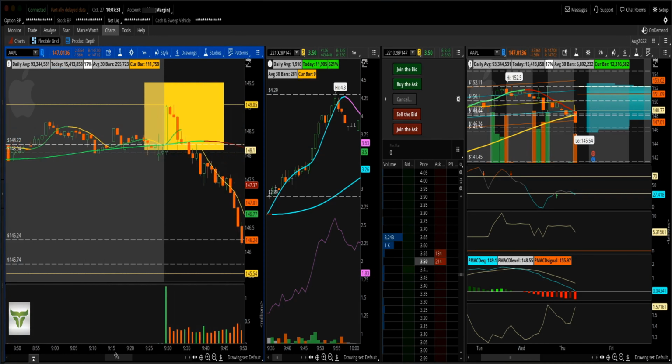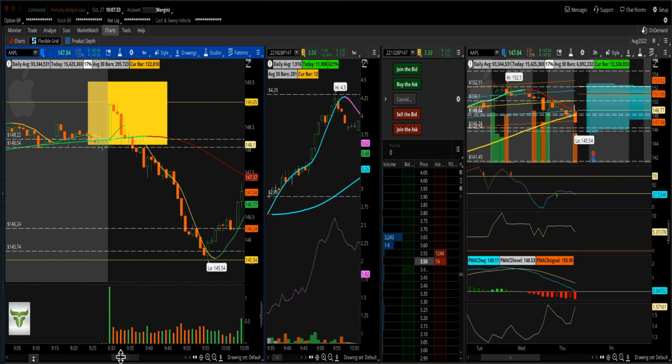And you see what's happening here. You see this big green candle right there? That's supposed to be a Marubozu bullish candle, but Apple, again, it has earnings. So what does it do? Opens up inside of the box. What do we do here?